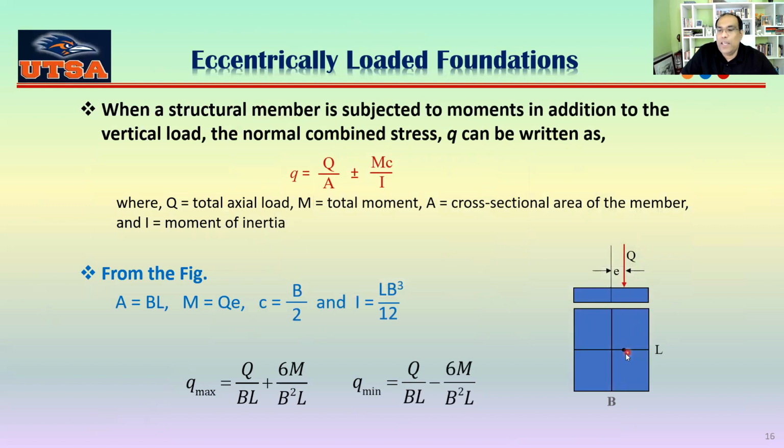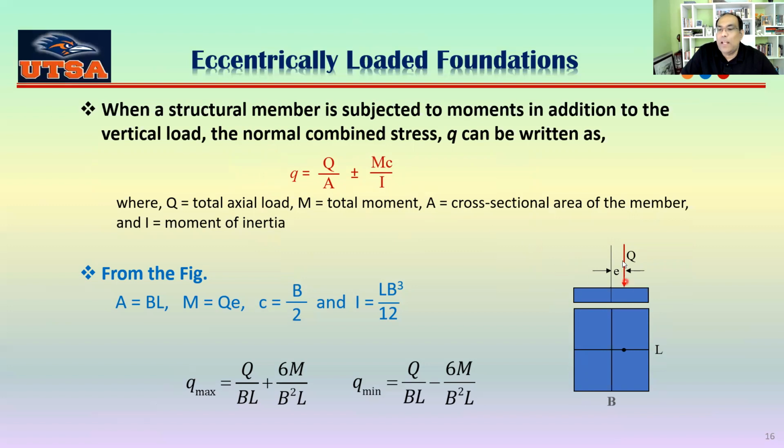So if you see here, the force is not working along the center here, it's working at a distance E. So this one will try to push more weight along this side than this side. And we can show that as Q equal to Q by A, the load divided by the area, plus minus MC over I. Okay.